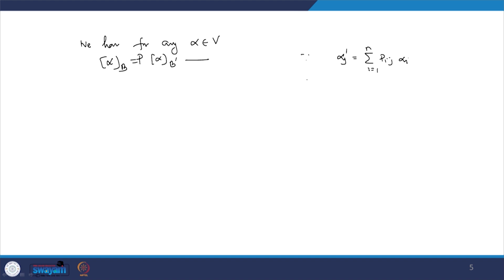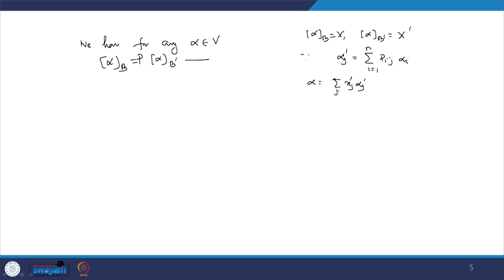If I say that the coordinate matrix of alpha with respect to ordered basis B is equal to, say, capital X, and the coordinate matrix of alpha with respect to B prime is equal to, say, X prime, then we know alpha equals sigma x j alpha j, like that.